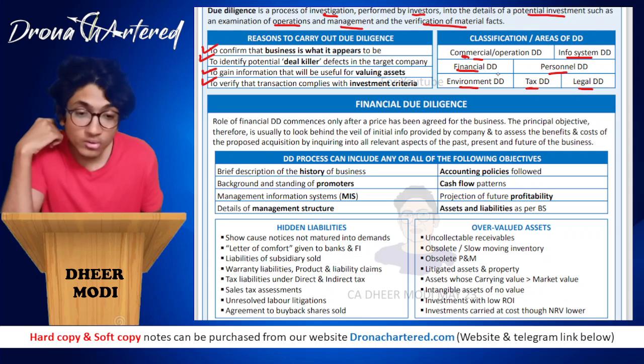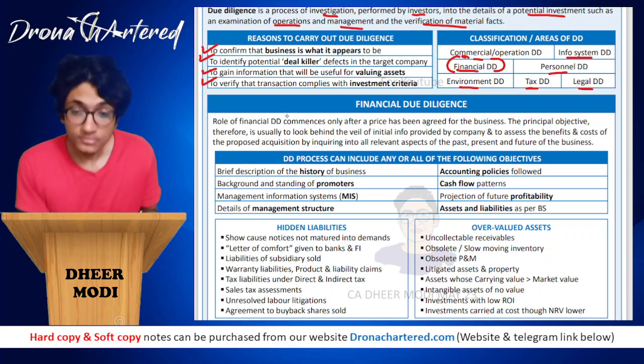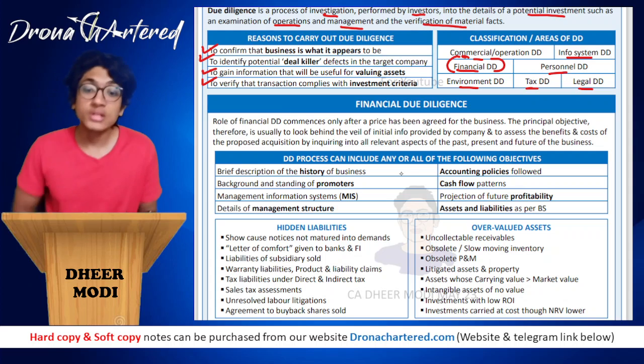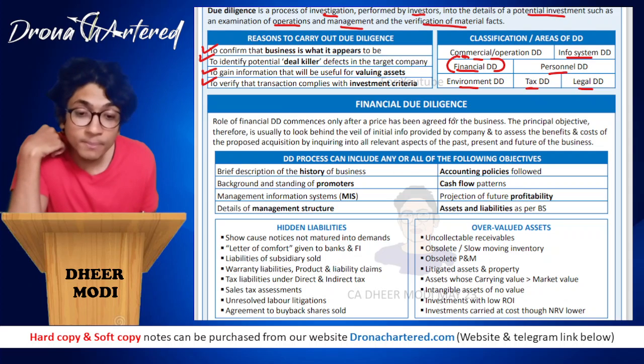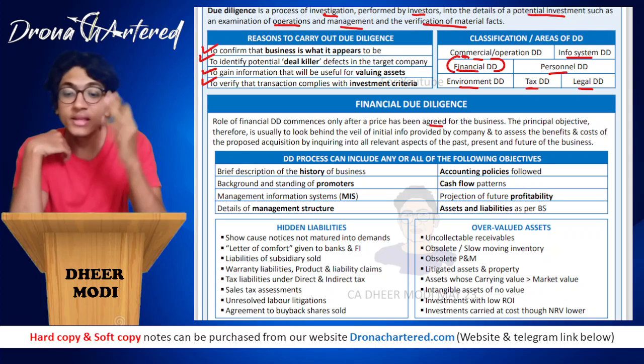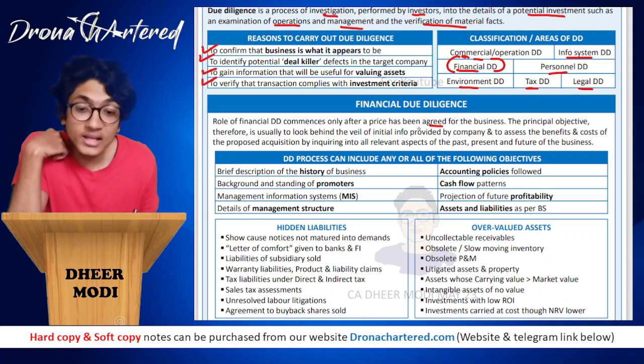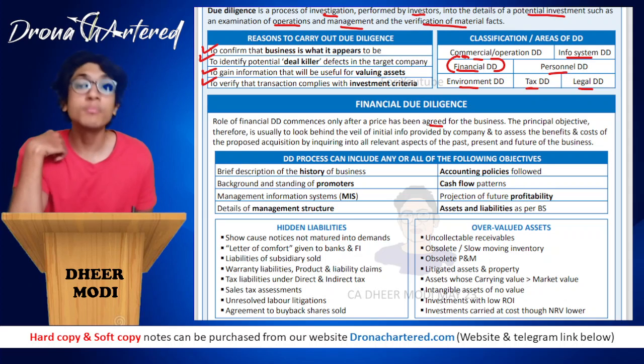Okay. Then what is financial due diligence? As we studied over here, the role of financial due diligence commences only after a price has been agreed for the business. So only once the price has already been agreed will the financial due diligence start. The principal objective, therefore, is usually to look behind the veil of the initial information provided by the company.